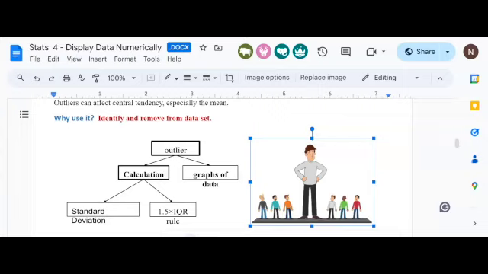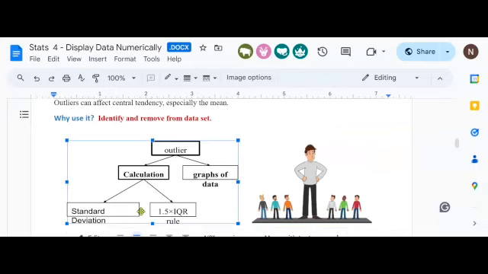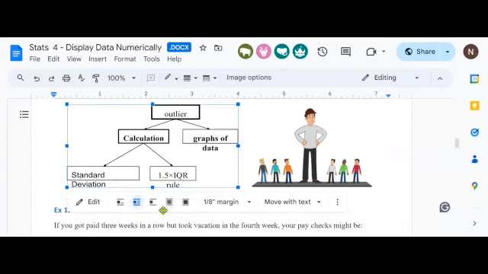By graphing, you just look at the value that is far off. Standard deviation and the interquartile rule, we can apply these later.